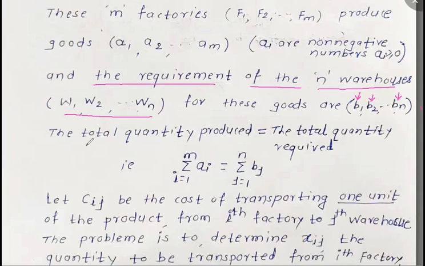Now the total quantity produced, A1, A2 to Am, summation i equal to 1 to M. This gives you total quantity produced at M factories. So A1 plus A2 to Am.